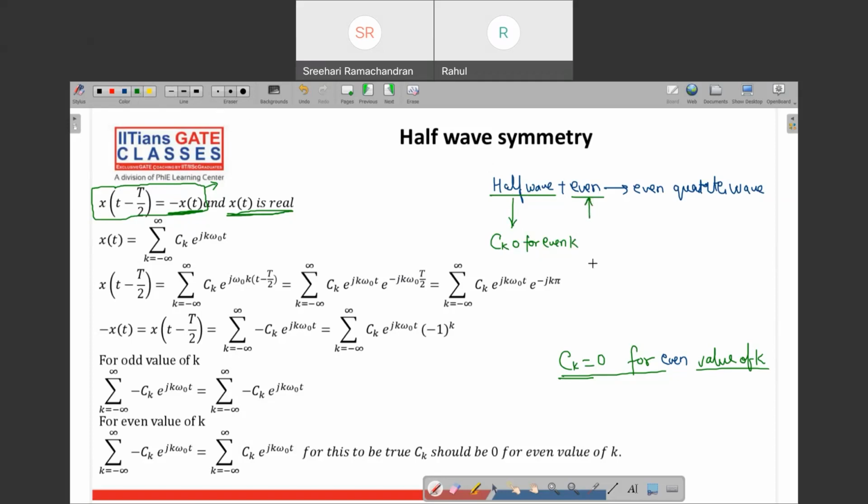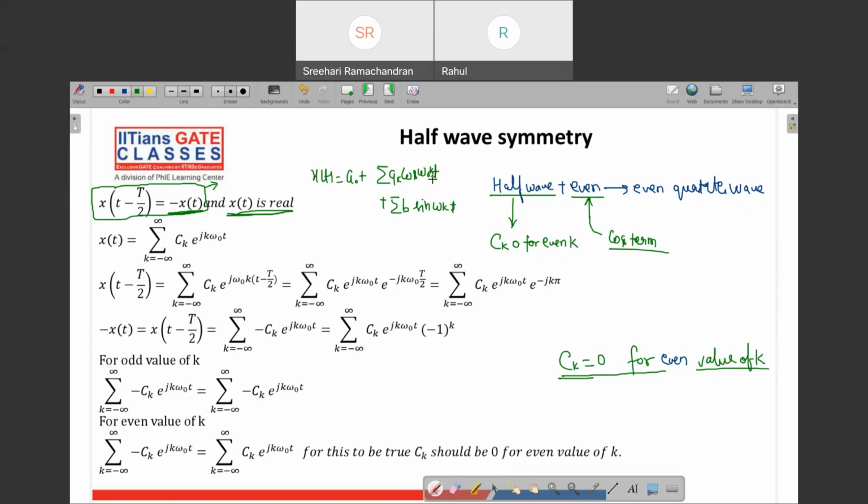And since the signal is even, when you calculate the Fourier series you are going to get only the cos term. Why only the cos term? Because if you look at the trigonometric Fourier series expansion, you have a cos term and a sine term, and we know that the sine term is an odd function of t and the cos term is an even function of t.